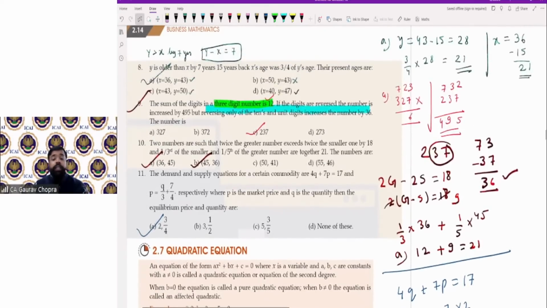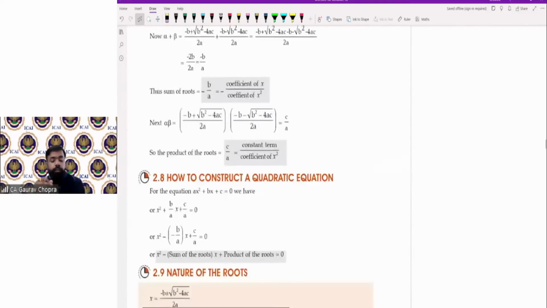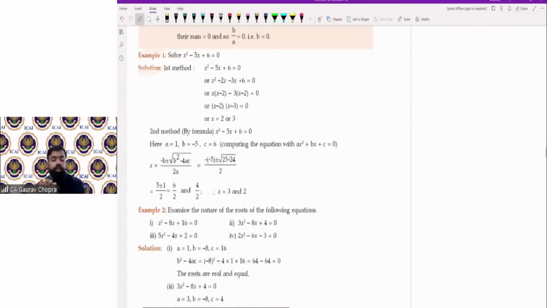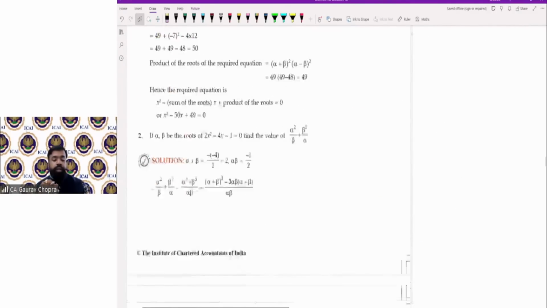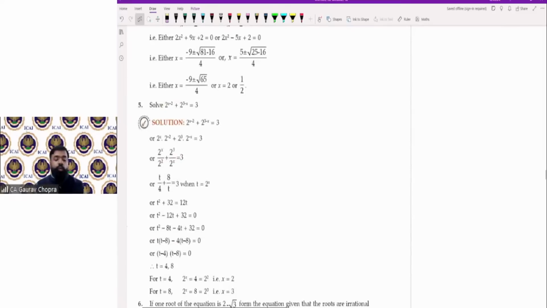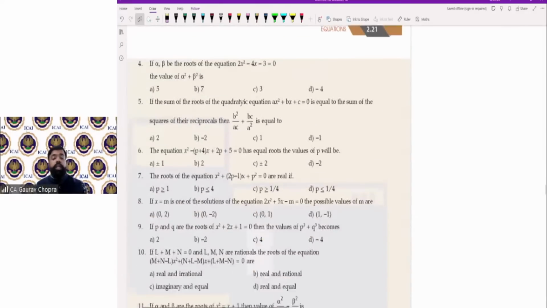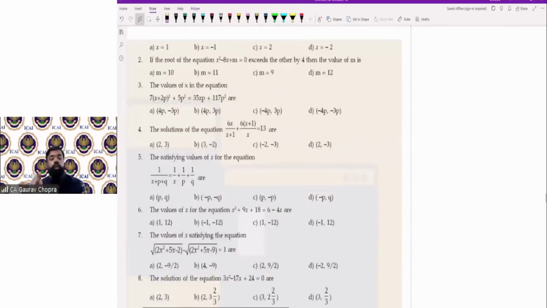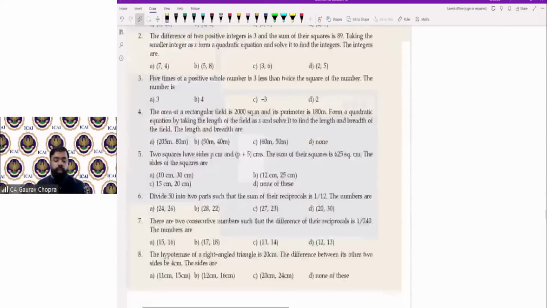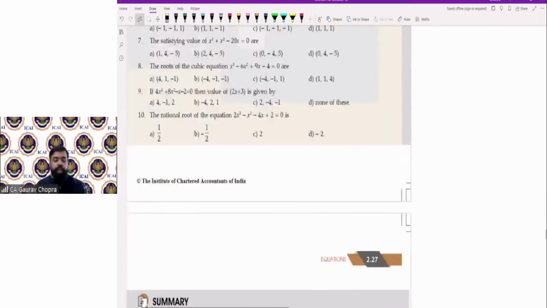So basically in today's class, what we have covered is the linear equation. The next topic after linear equation, in the next class, we will be doing quadratic equations. And to solve quadratic equations, a formula is also available, and the option method is also available. So we will be doing that.